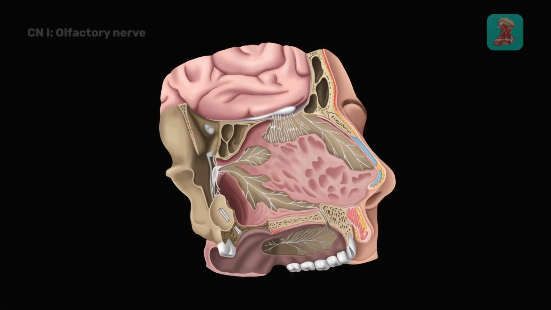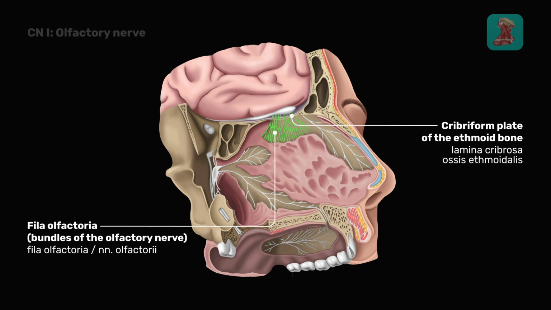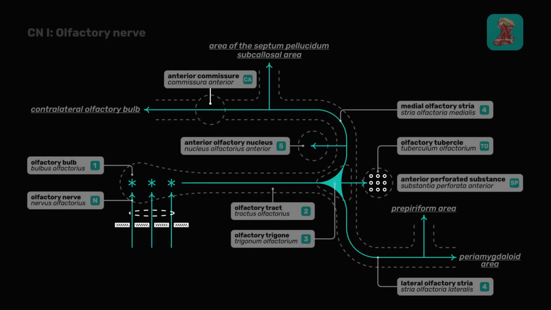So, axons of bipolar neurons pass through small foramina in the cribriform plate of the ethmoid bone and enter the olfactory bulb in the anterior cranial fossa. These axonal bundles can collectively be called the olfactory nerve, which is the first cranial nerve, CN1. Sometimes they are also referred to as fila olfactoria.